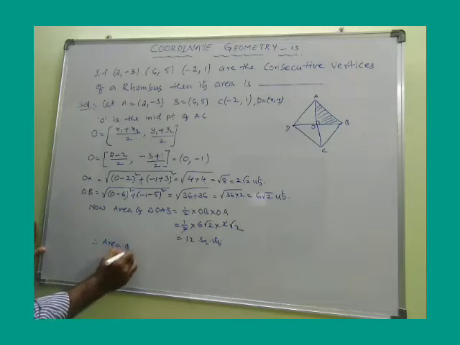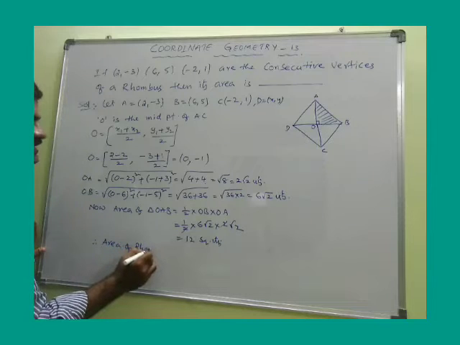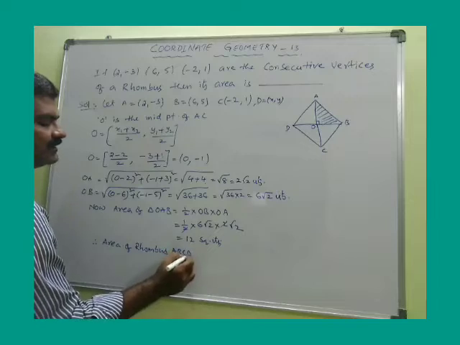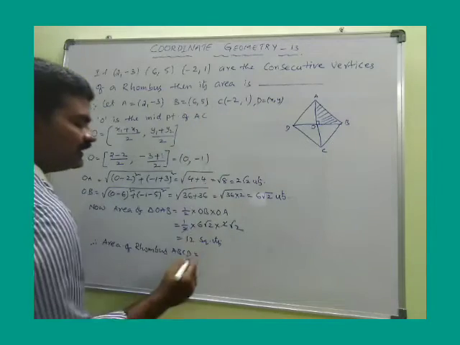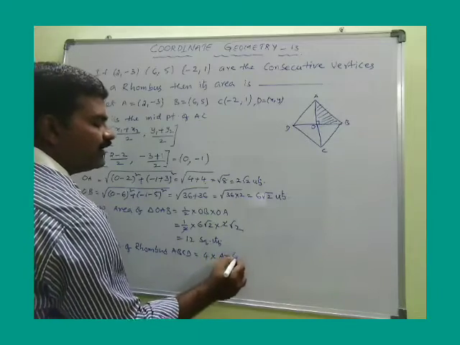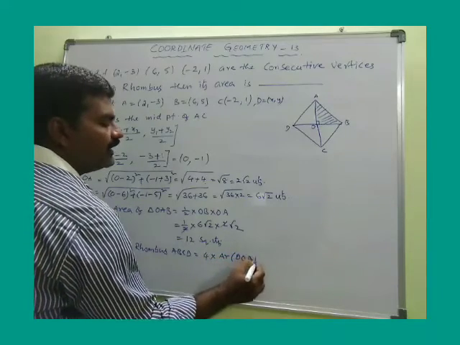Therefore, what I want is the area of the entire rhombus ABCD. If you want the total area, can I write 4 into area of triangle OAB?